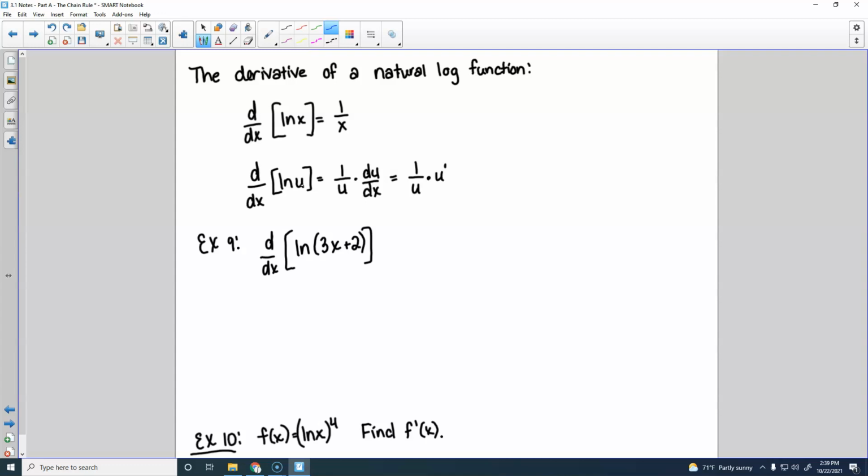So if we take the derivative, so if we do this, we've got to use a chain rule here. Don't worry too much about this right here. Let's do a problem. Okay? So if we are taking the derivative of natural log of 3x plus 2, so this notation right here, d over dx, just means take the derivative of what's in these brackets.